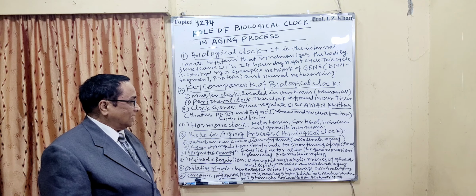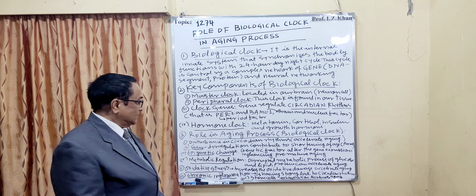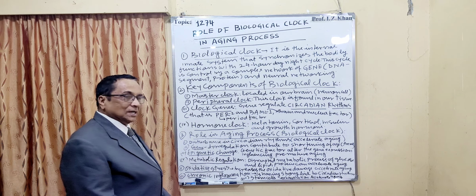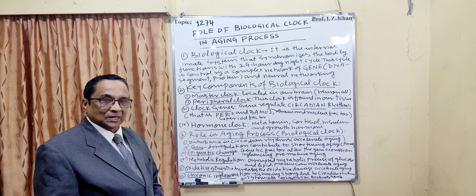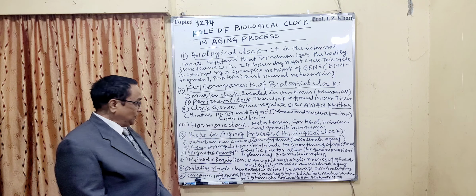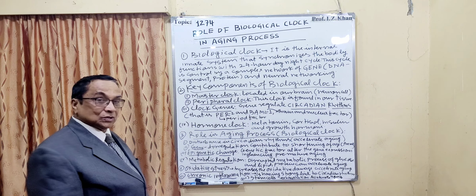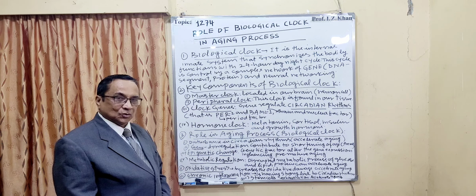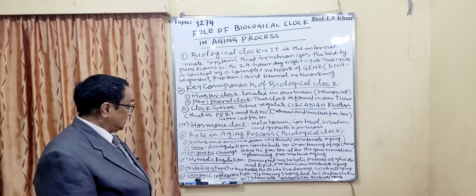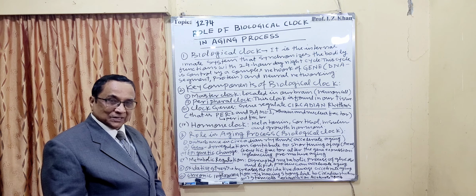Epigenetic factors alter the gene expression and influence premature aging. Then metabolic regulation: your gut health and the metabolic process, if disturbed, again will accelerate the aging process. That is disrupted metabolic processing of glucose, lipid and protein in your gut, in your body. That is also one of the biological clock factors.